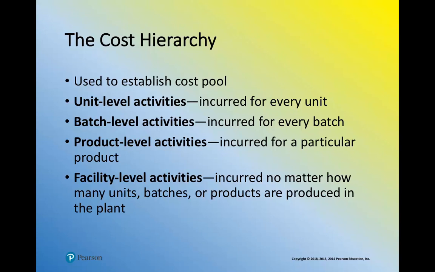So when they come up with a new car, back in the early 2000s when they designed and developed the Prius, they designed it, they set it up, they figured out how to make it, they maybe patented some of the processes. Those are all product level activities, kind of the big picture product. Then as they go ahead and they make every individual Prius, now that's a unit level activity.